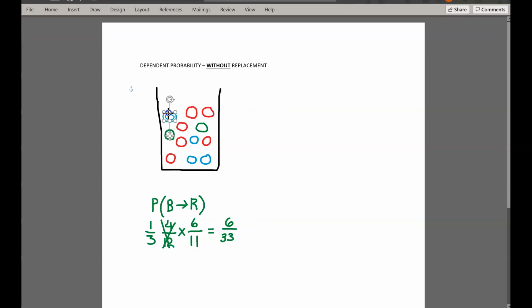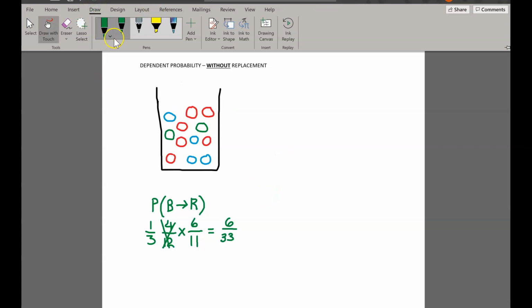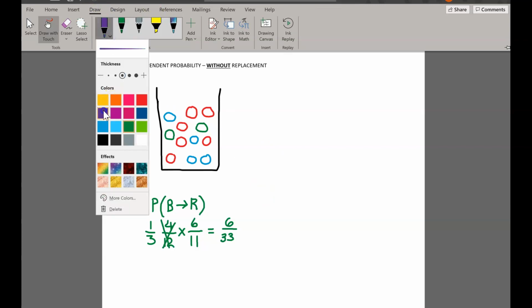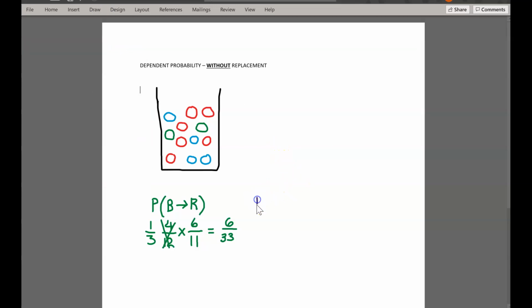All right, let's do a new problem. Let's put the blue marble back in the bucket, and then let's get my marker here. I'm actually going to switch over to purple. Okay, let's do a new one. Let's say that we need to get the probability of red and then green and then blue.